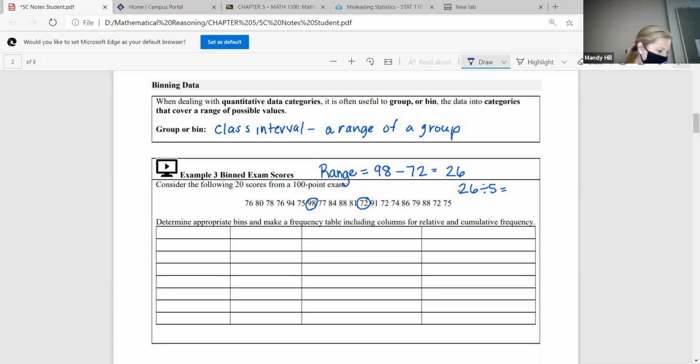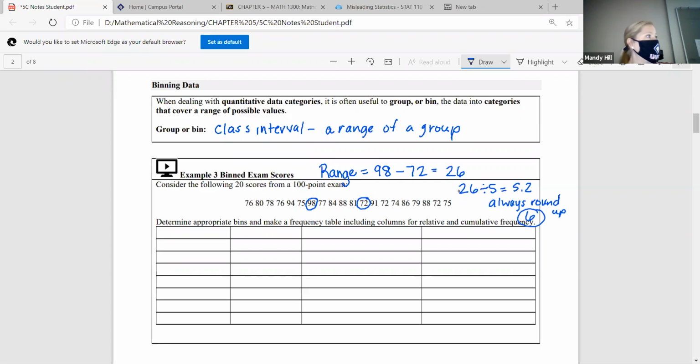It comes out to be like 5 point something, 5.2. When it does this, you always round up. So we're going to make our bin size be 6.